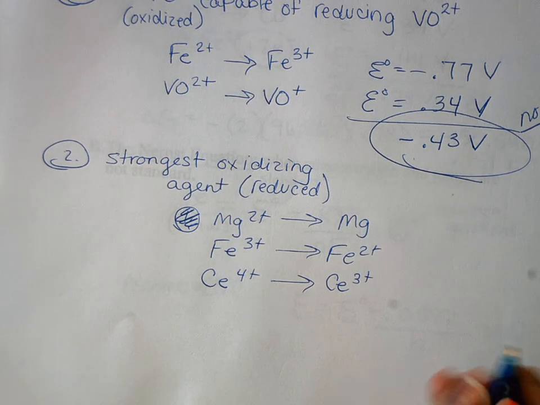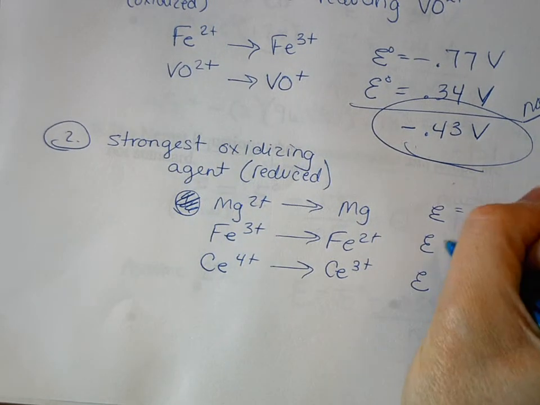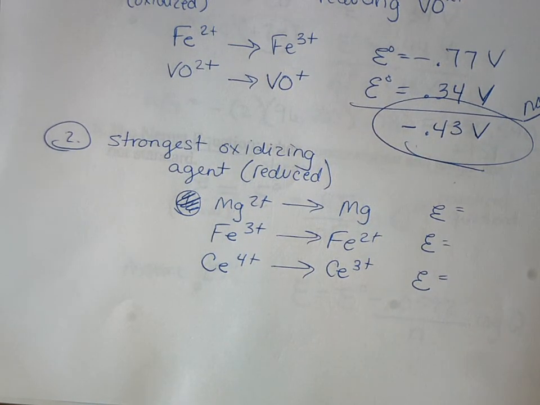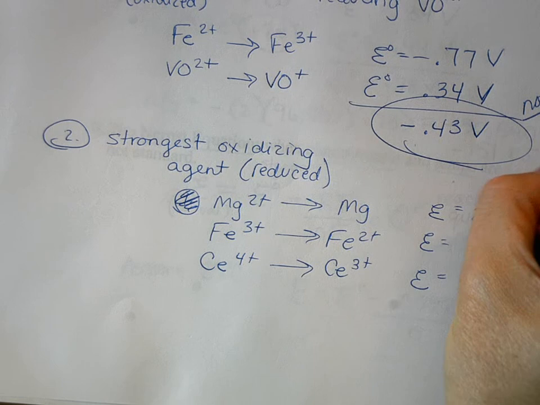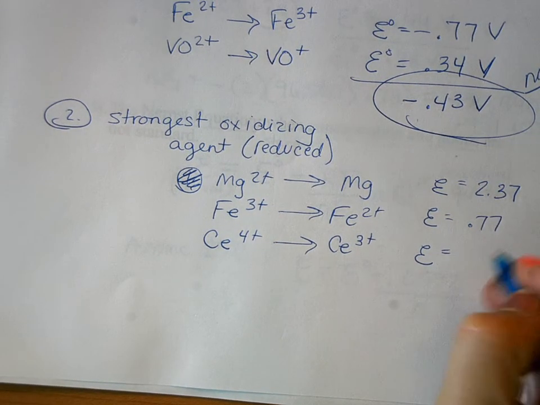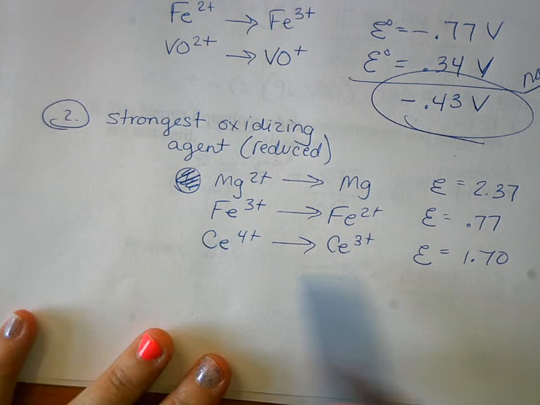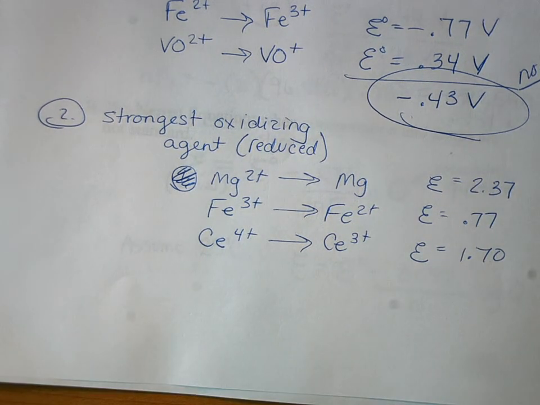And I would get electric potentials for these. This one's 2.37. This one is 0.77 and 1.70. Can't find that one. And then the question is, which one would be the stronger oxidizing agent?